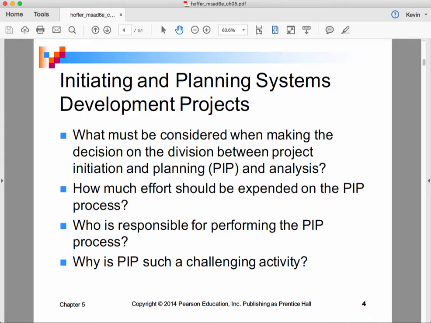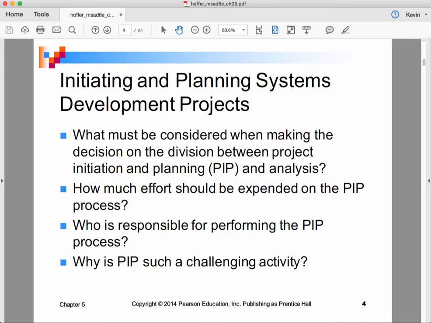So let's talk about this activity: initiating and planning systems development projects. The people who are really comfortable with this are people who are taking a traditional approach to managing software development projects.